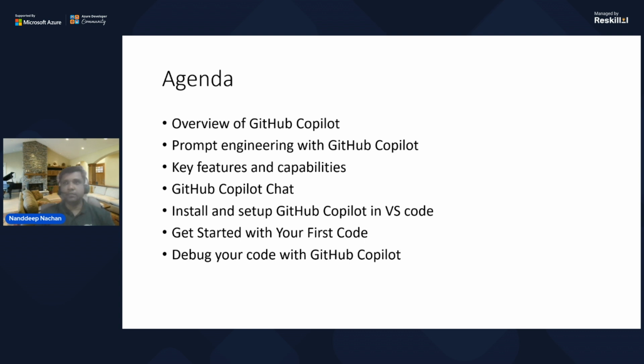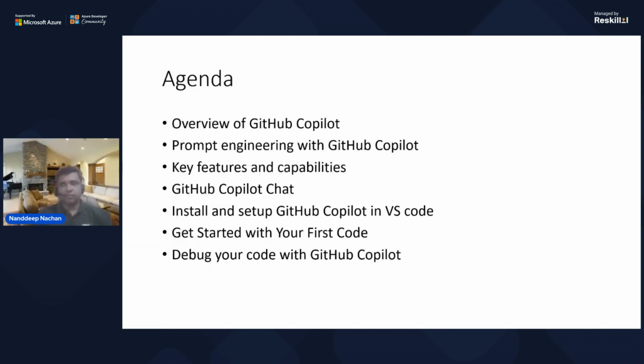There is also an extension available from GitHub called GitHub Copilot Chat. We will see how GitHub Copilot Chat helps us create and write code, find issues, as well as debug and find resolutions to reported issues.